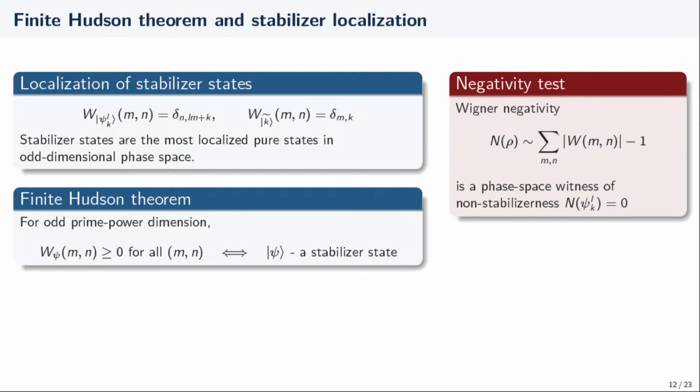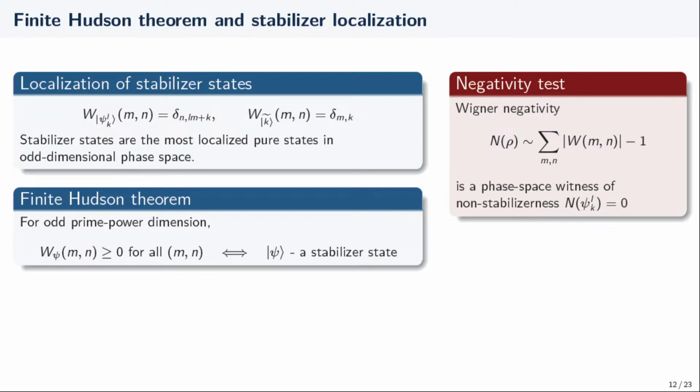If the function is positive, this means the state is a Gaussian state. Yes, if and only if. This is very important. If and only if, it's a Gaussian state.